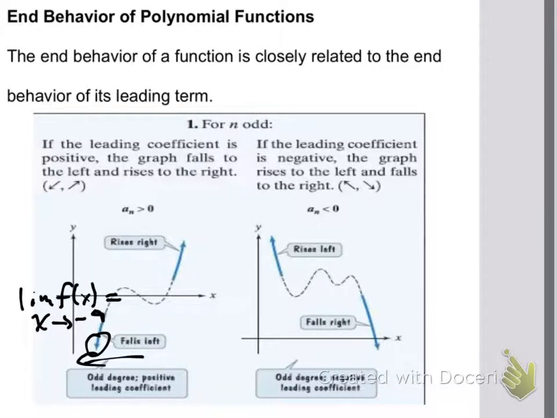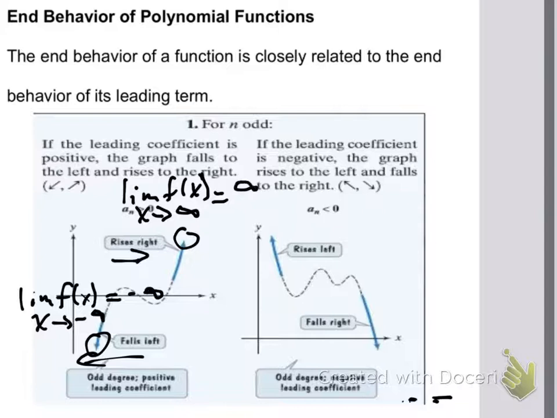Well, the graph is going to negative infinity as well. And then here, as x goes to positive infinity, so the limit of f of x as x goes to positive infinity, my graph goes to positive infinity.